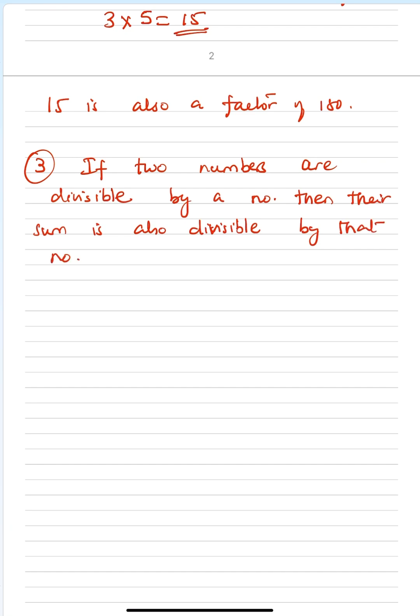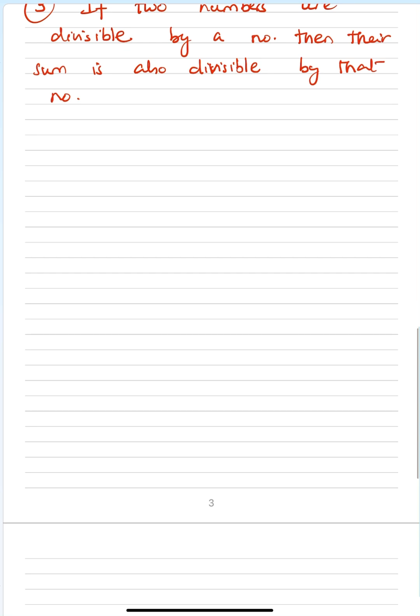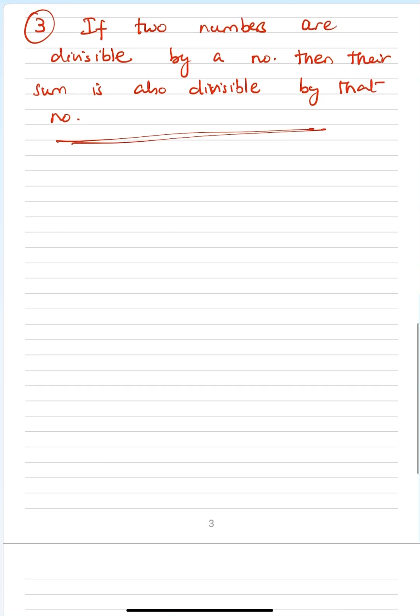The meaning of this is that two numbers are divisible by a number, so their sum should also be divisible. What is the meaning of this? It is nothing but that multiplication is distributive over addition. How? Let us see. There are two numbers. If they both are divisible by a number, then their sum is also divisible by that number.